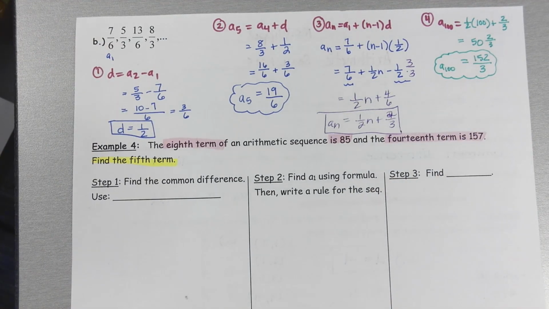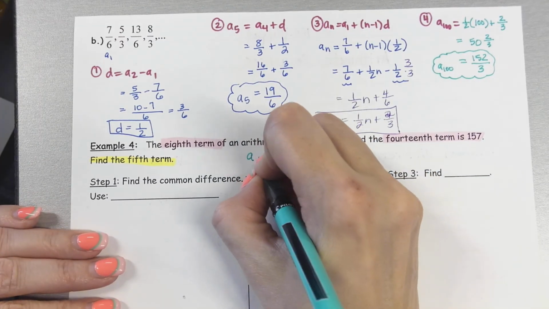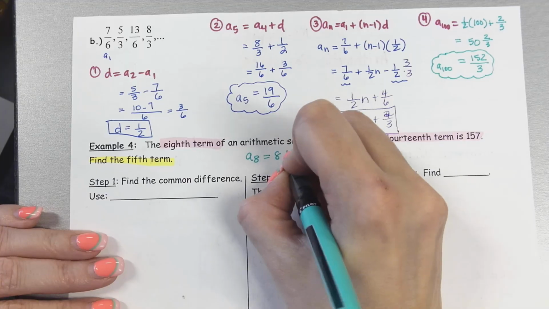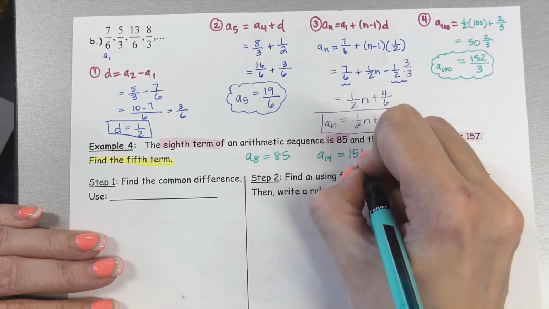So the first thing I do is I organize my information. So they gave me that the 8th term, which is a sub 8, is 85, and the 14th term is 157.